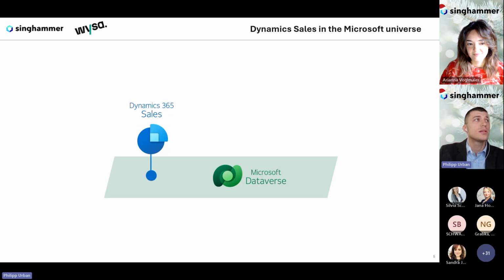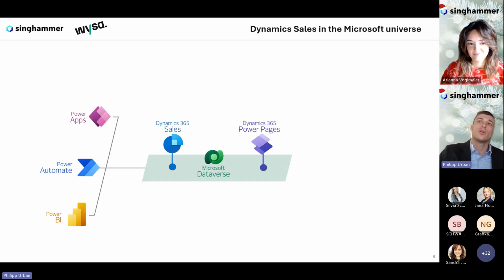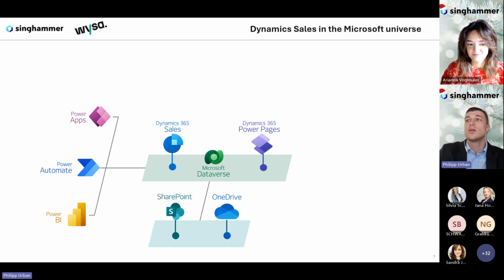And it has great integration and functionality with the Power Platform, talking about Power Apps, Power Automate, Power BI, and so on, which are integrated very well with our CRM. It's also perfectly integrated with SharePoint and OneDrive for our files, for example, which we can smoothly integrate into our sales processes.